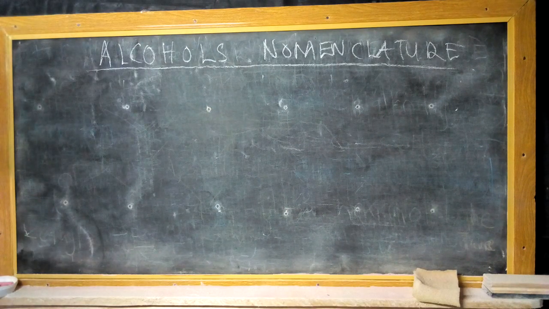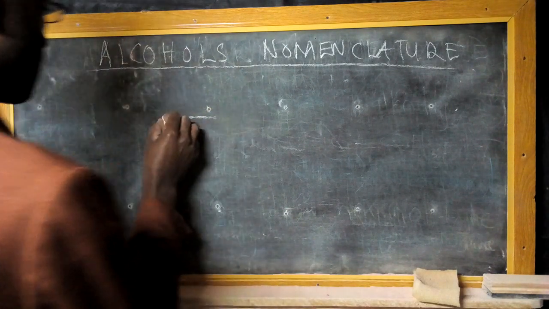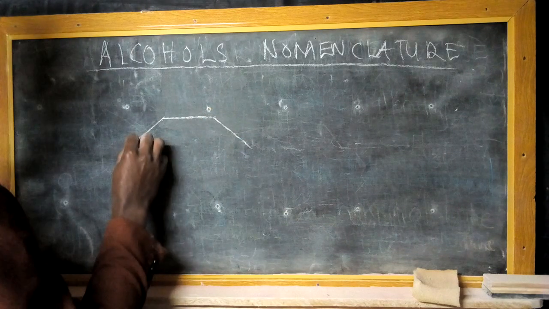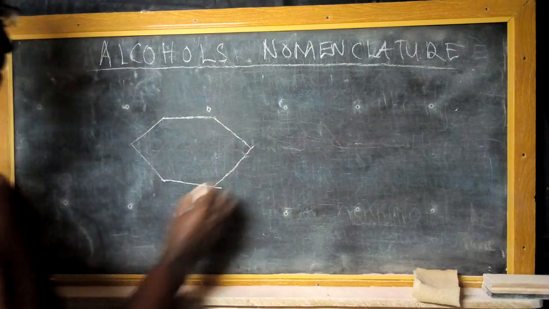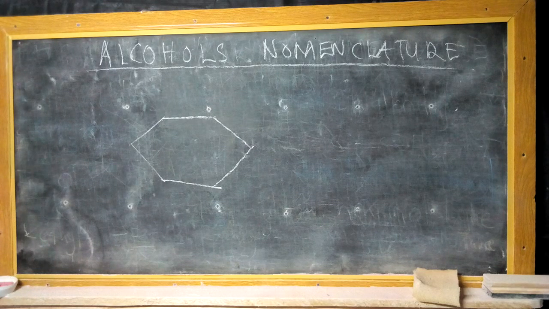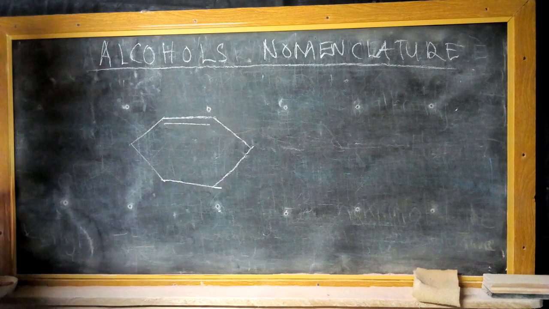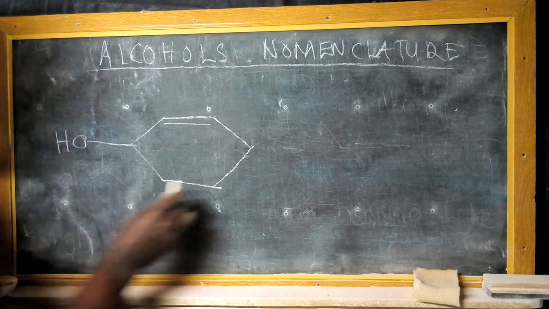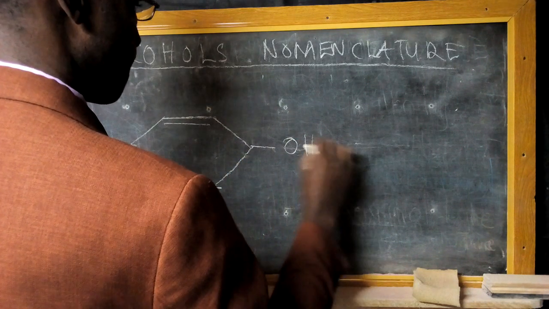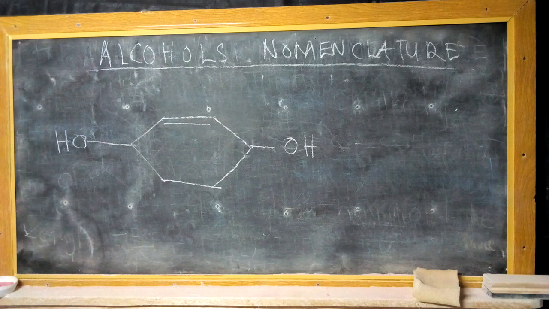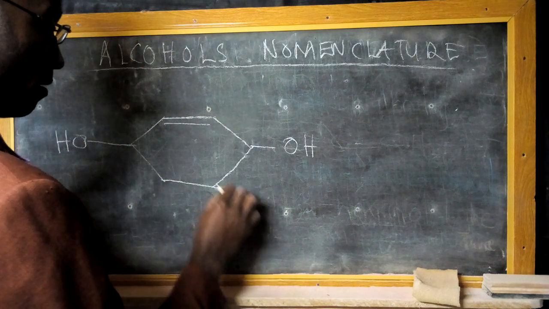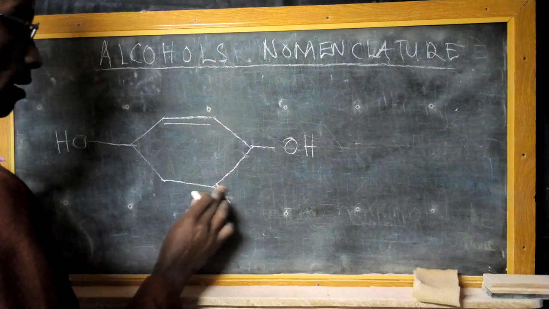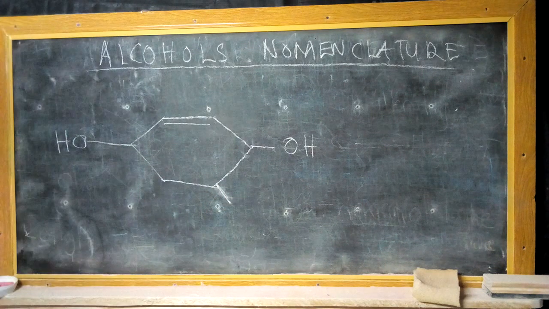Now we shall have that particular alcohol, which has a double bond, and then there is an OH group attached on both sides, and then a hydrogen has been substituted at that particular point with a substituent that is a methyl group.